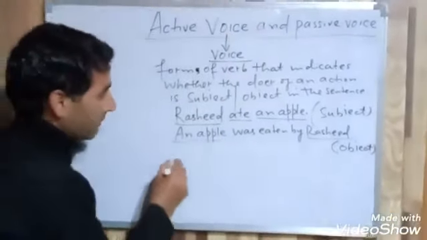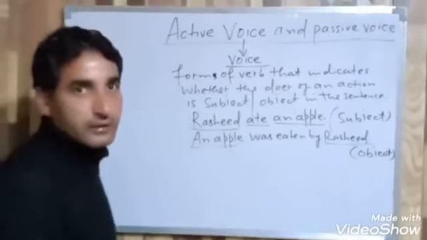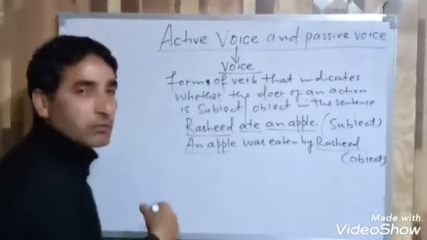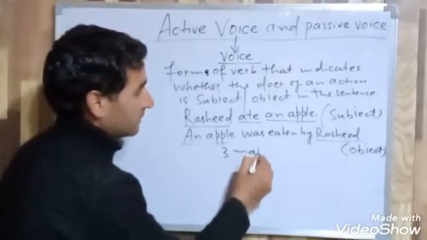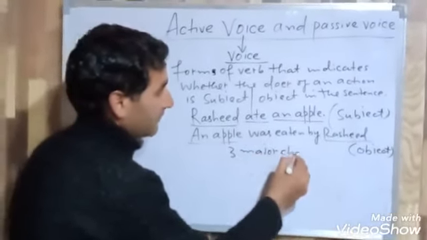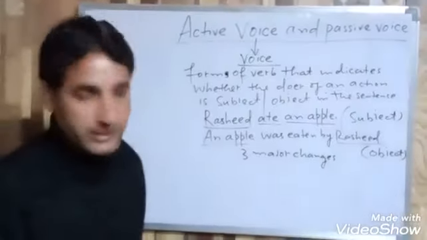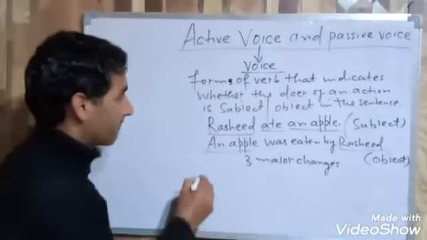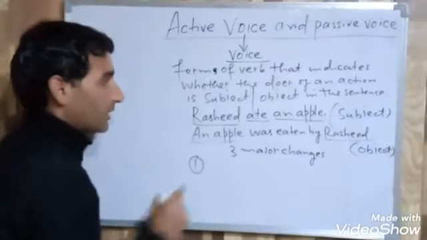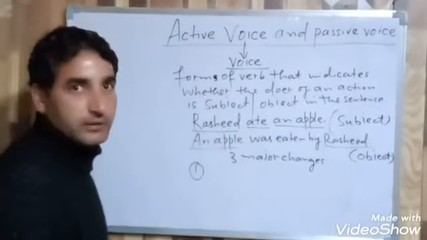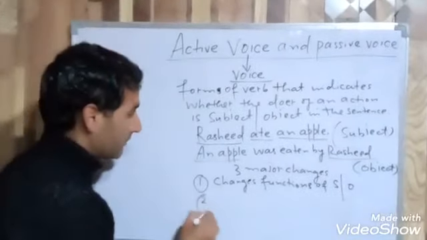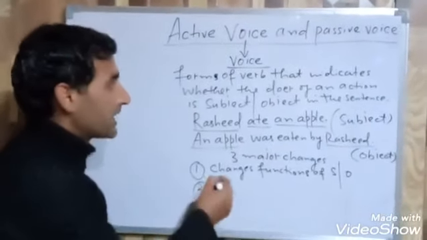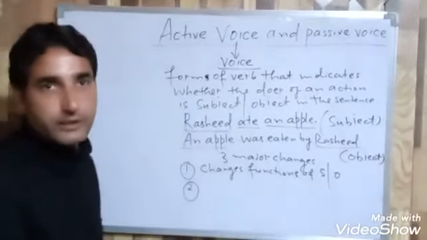Now when we see this, voice change actually involves three major changes. Number first, it changes the functions of subject and object. Number second, it changes the position of subject and object.